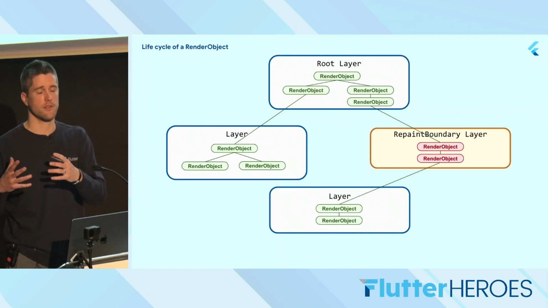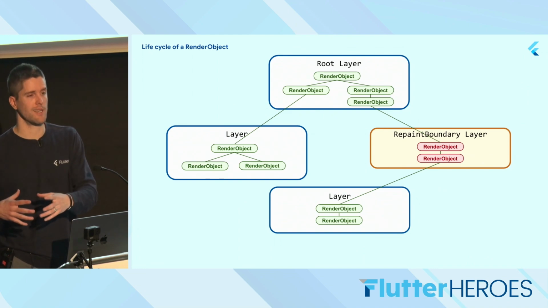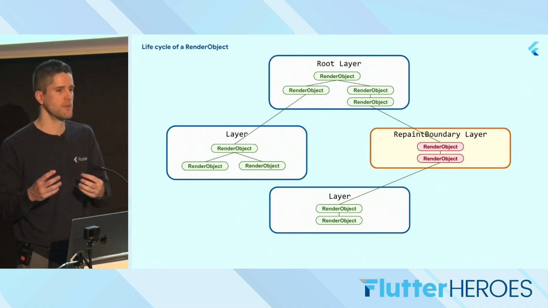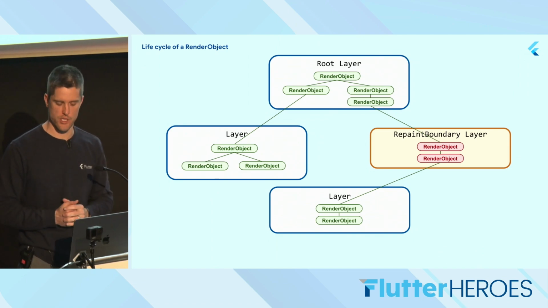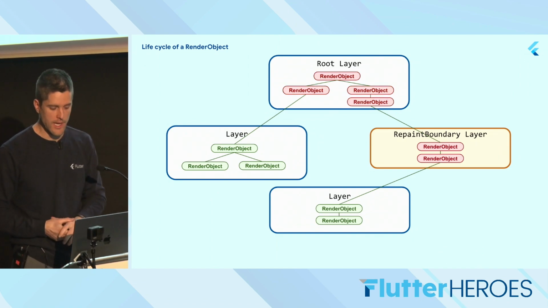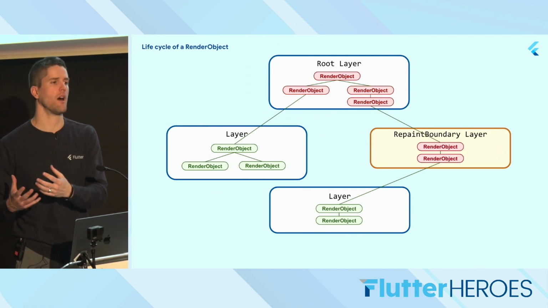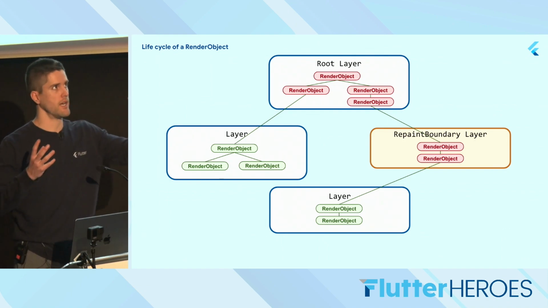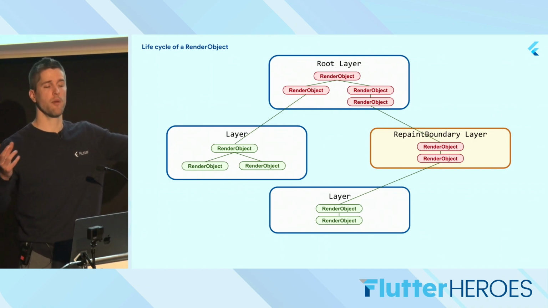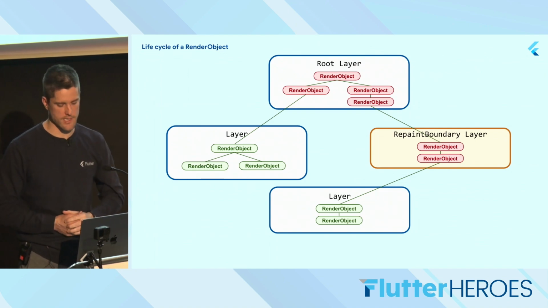So the Repaint Boundary widget exists to expose this very low-level rendering mechanic all the way up to the widget layer. Now, it's possible for both sides of any layer boundary to still re-render at the same time, but only if they both wanted to for their own separate reasons.